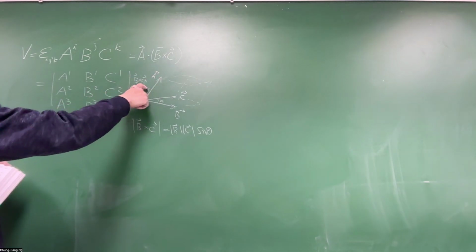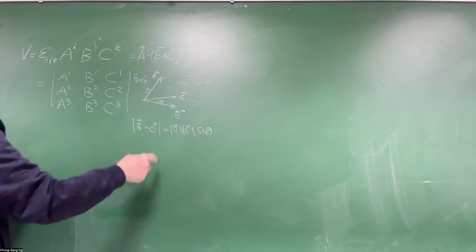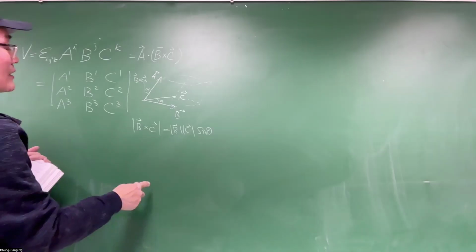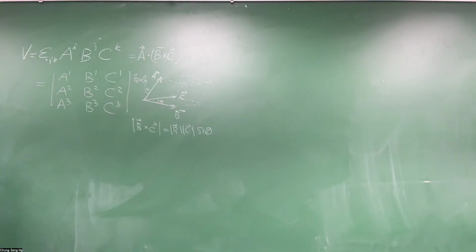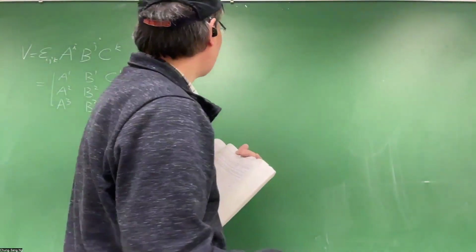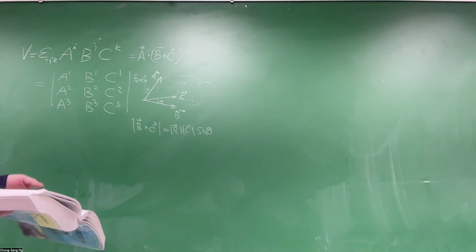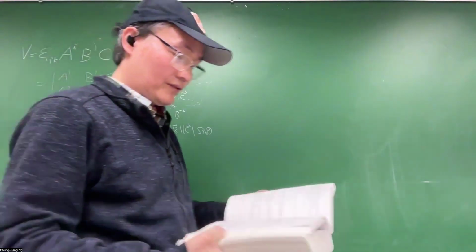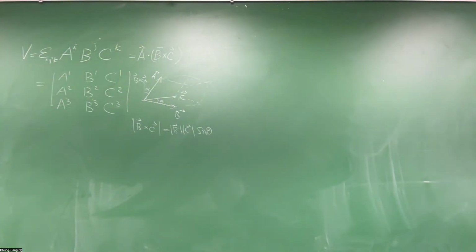Because the dot product involves the cosine of this alpha, you can convince yourself that this is the volume. Therefore this is what we call V. So that's just the final example.